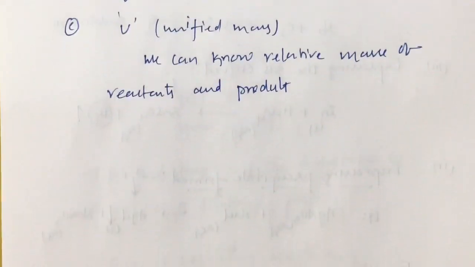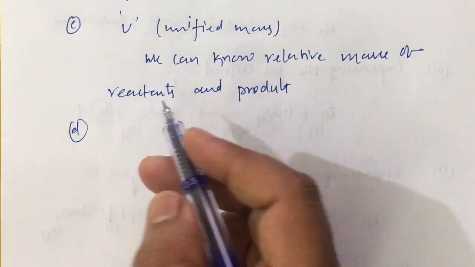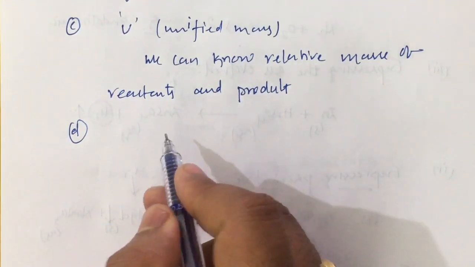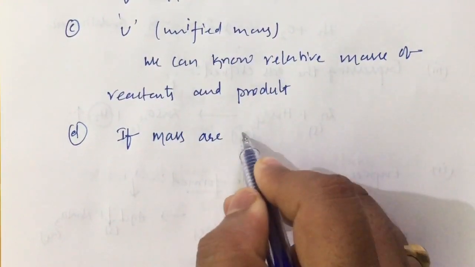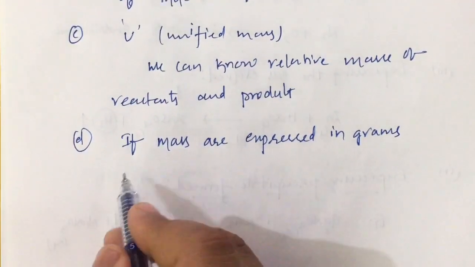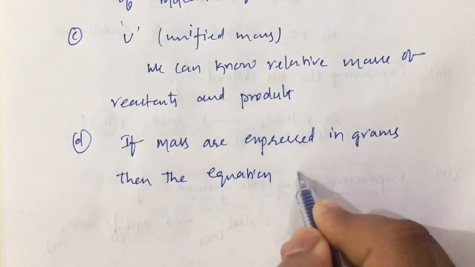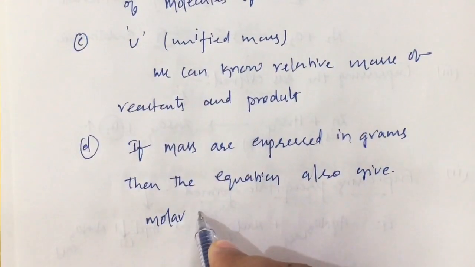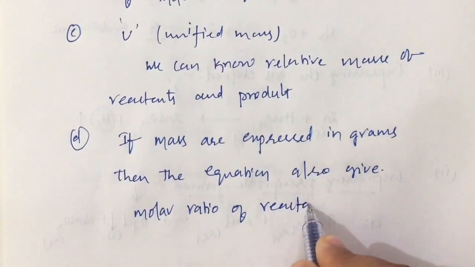Now the fourth point is, if in a chemical equation masses are expressed in grams, then the equation also gives the molar ratio of reactants and products.